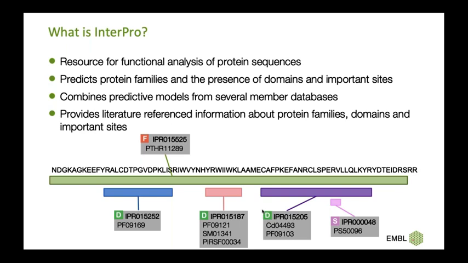Now this is the annotation for one protein, but InterPro provides its annotation for the million sequences available in the UniProt database. And this can also be used to annotate new proteins.